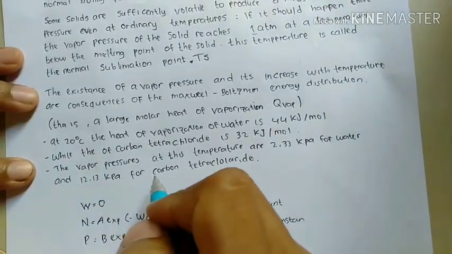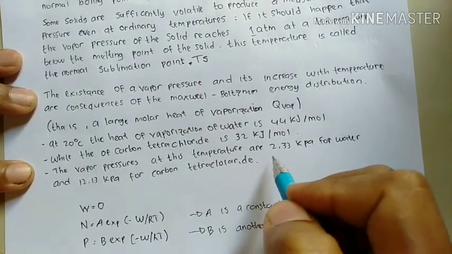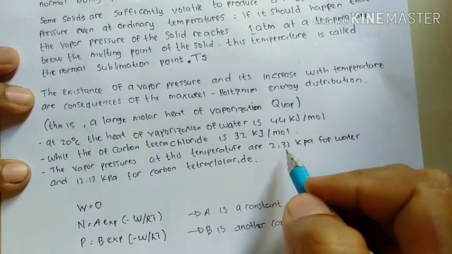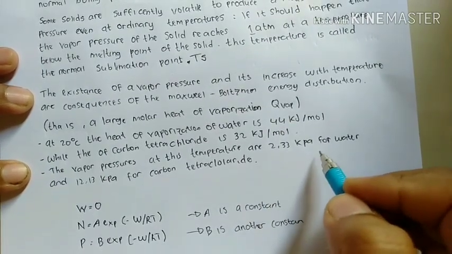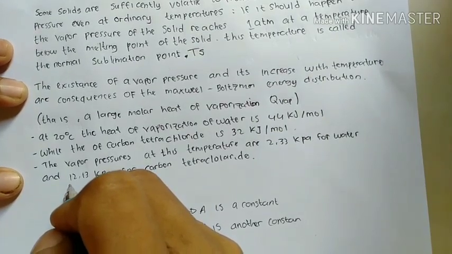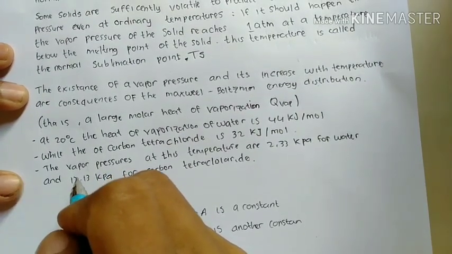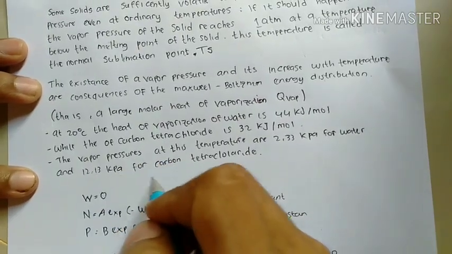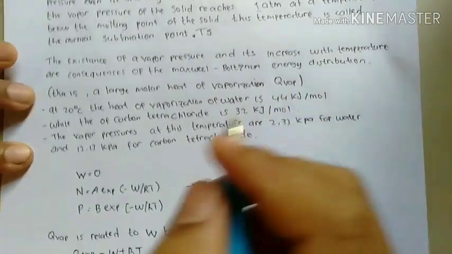The vapor pressures at this temperature are 2.3 kPa for water and 12.3 kPa for carbon tetrachloride.